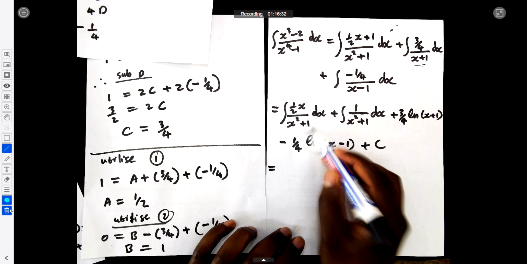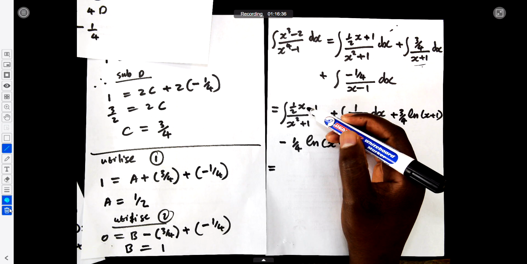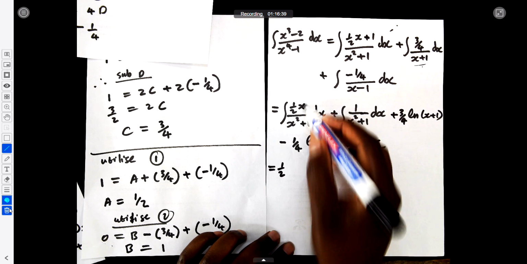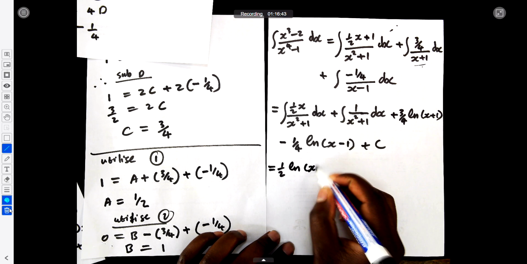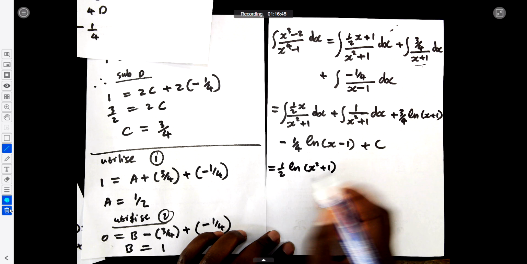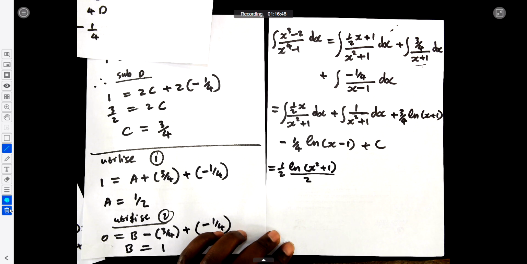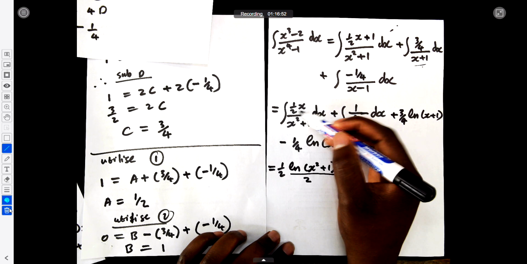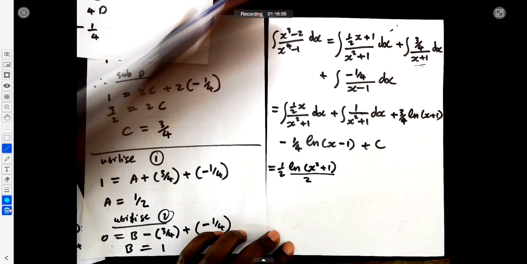So we know ln of the base will give us the derivative; the only factor missing is 2. When we integrate ln of the base x squared plus 1, because when we differentiate it we're supposed to have 2x, there was a 2 missing. So forget about the half there.